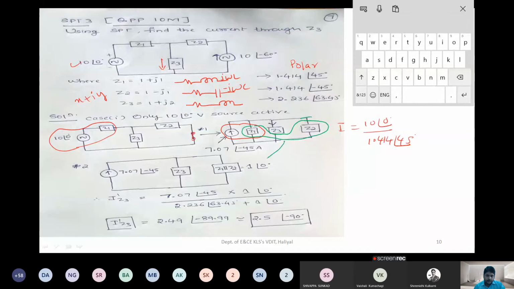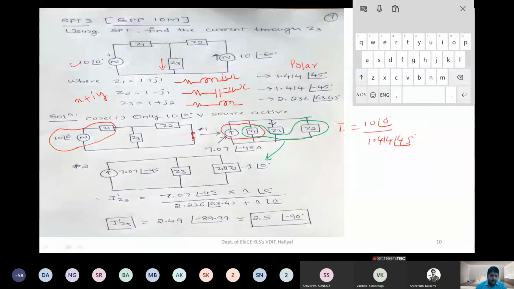This value comes out to be 1 at an angle 0. See, this is very simple: the 45 and minus 45 angles cancel out, and 1.4 turns out to be 1. You can do it on a calculator.